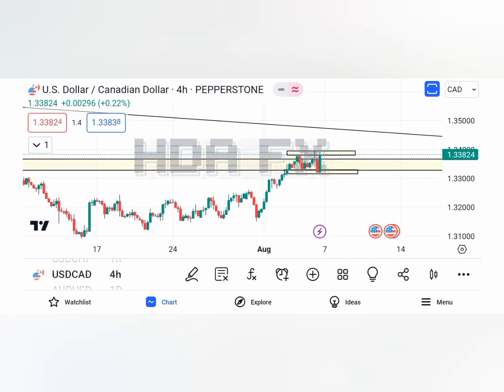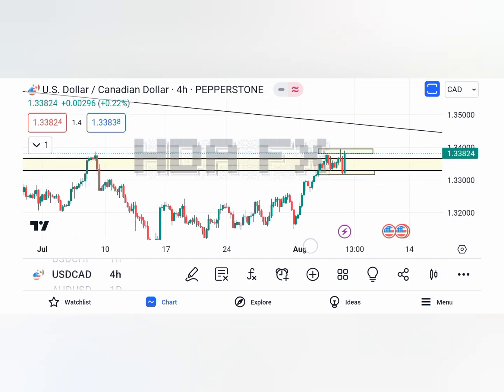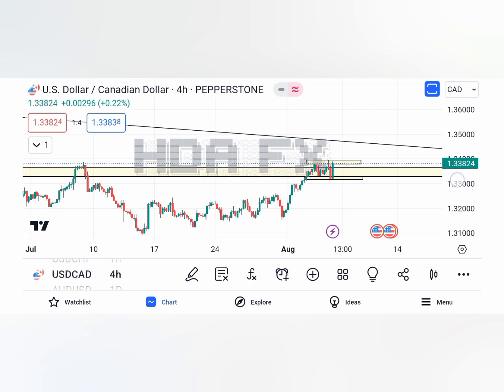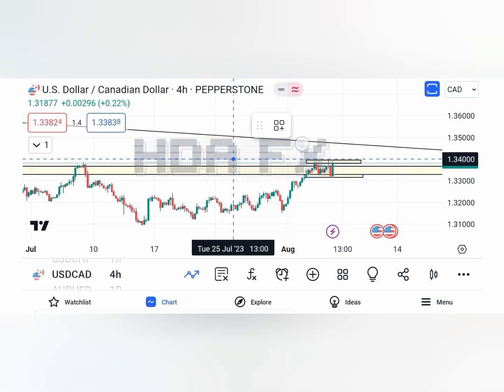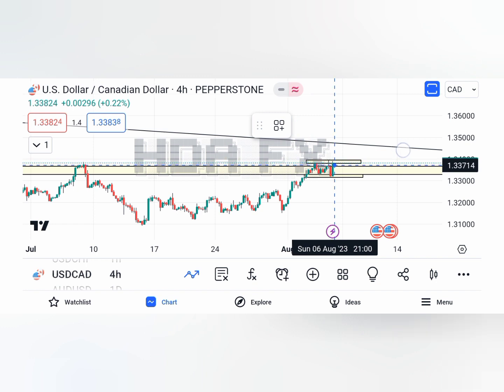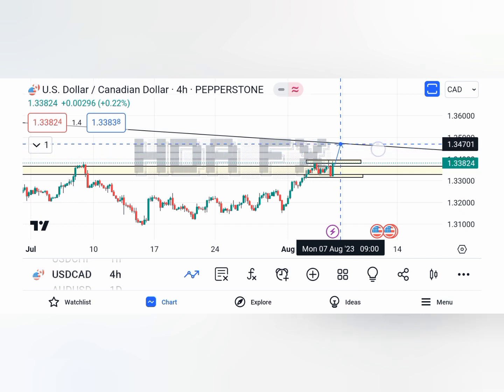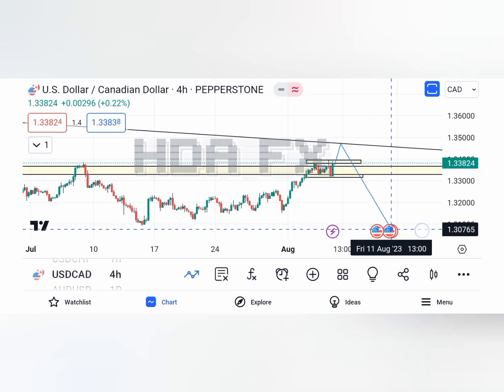So now what I want to see is this. So this week I'm bearish on USD card. If USD card is to break this zone upward here, then I'm expecting USD card to get to this trend line here, then continue downwards.